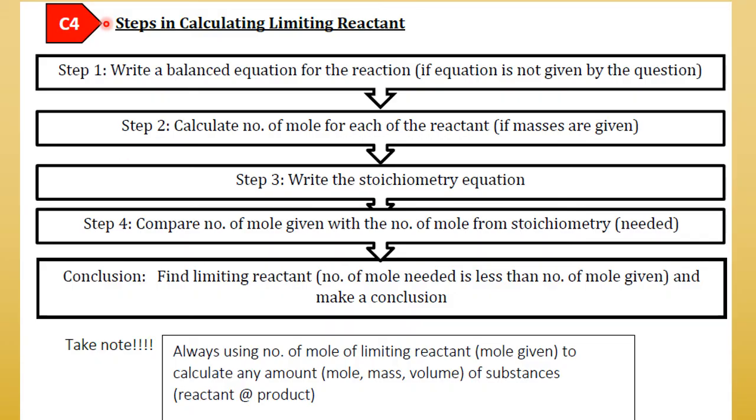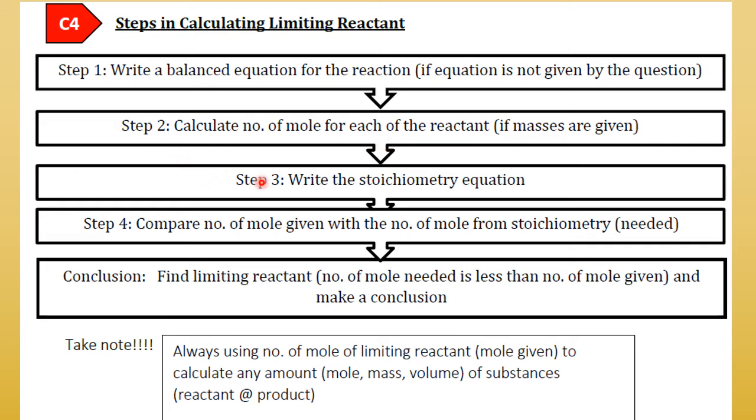Okay, so now after the analogy, we are going to look at the steps in calculating the limiting reactant. First, we must write a balanced chemical equation. Sometimes the balanced equation is given in the question. Then step 2, we calculate the number of moles for each of the reactants.